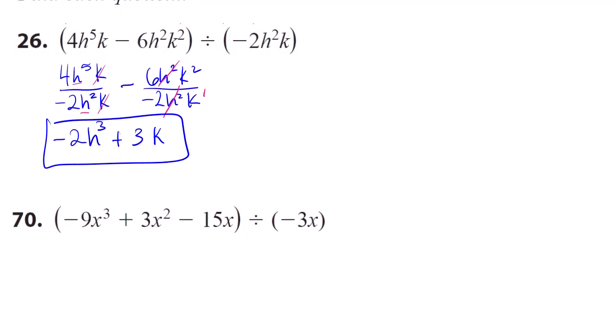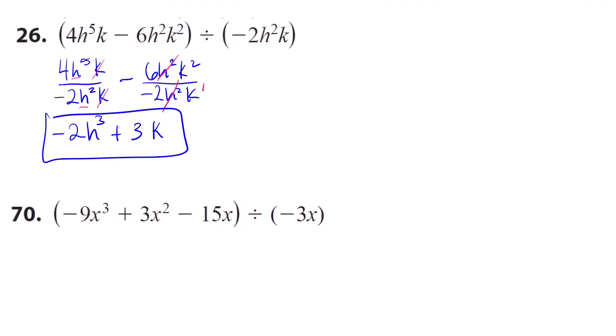So let's do one more example here. And before I start this last one, let me just introduce some terminology that I meant to introduce sooner. When you're dividing, the first term is called the dividend, the term that you're dividing by is called the divisor, and the answer that we get is called the quotient, right?